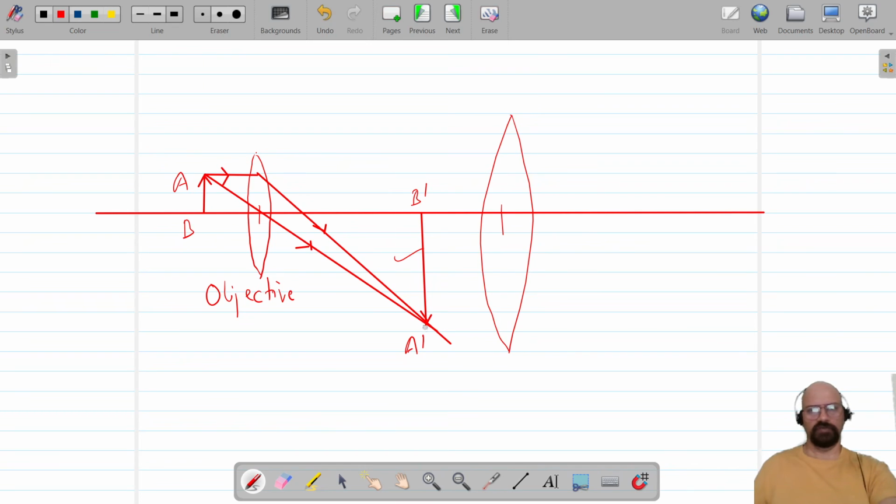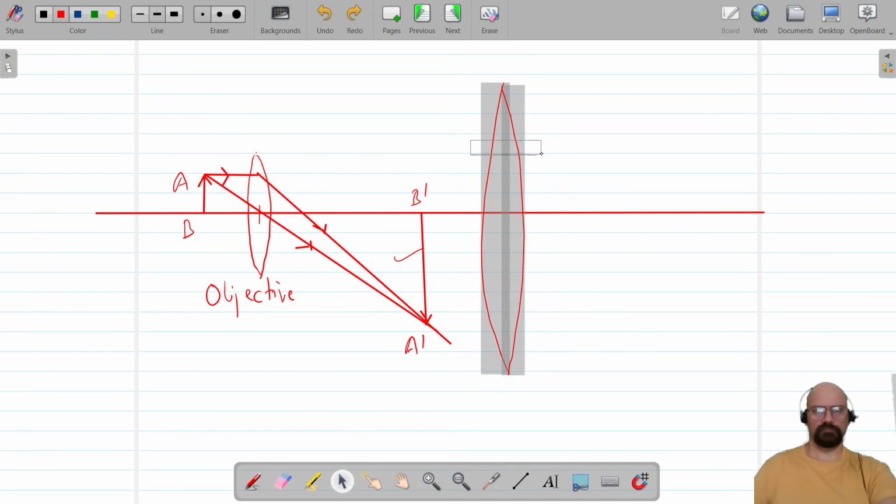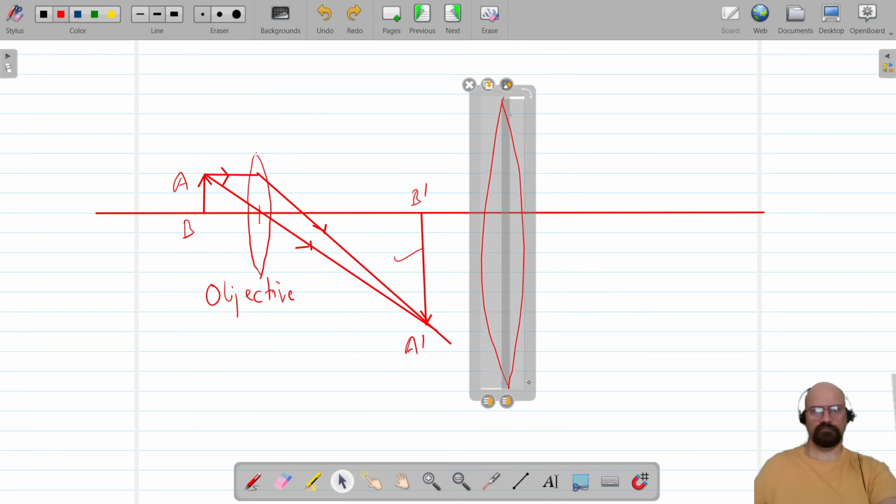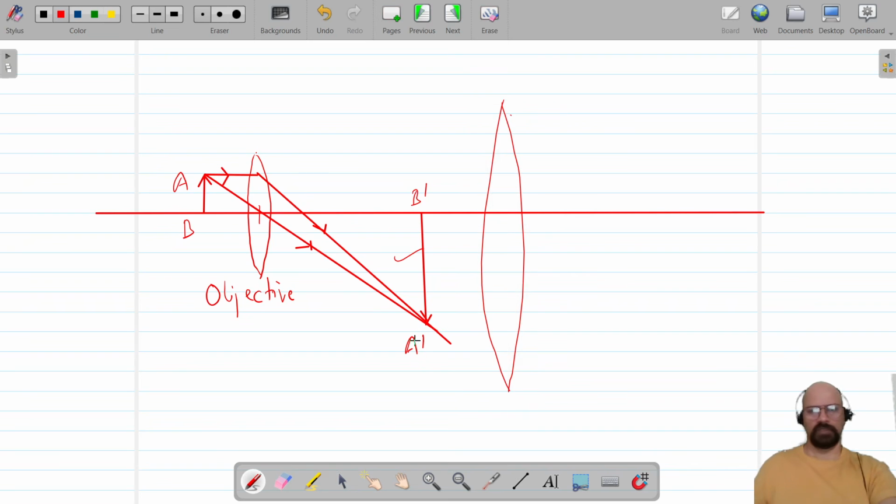OK, these rays of light, after intersecting, will be refracted by this lens and will be seen here by the viewer.